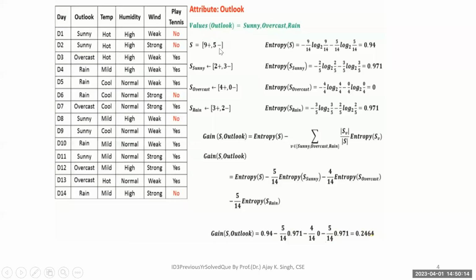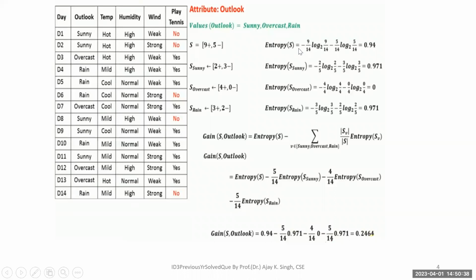So 5 times this tennis player is not going to play. Out of 14, rest 14 minus 5, 9 times the tennis player is going to play. That is yes, 9 times. And based on this, one formula is there.